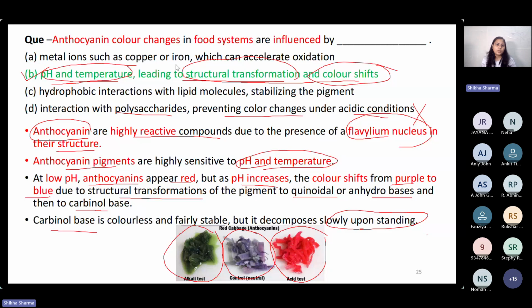Also, when we are using copper and iron, what is happening?